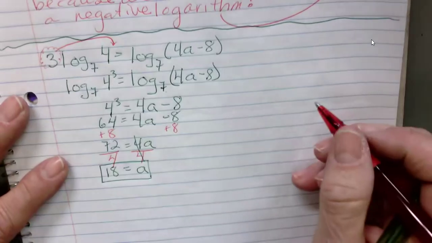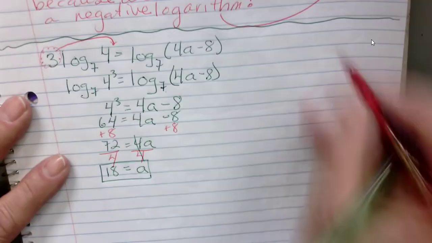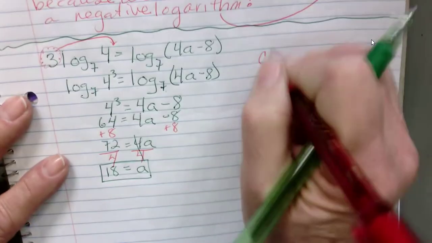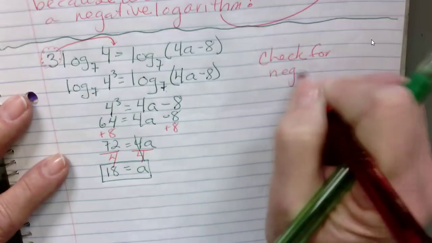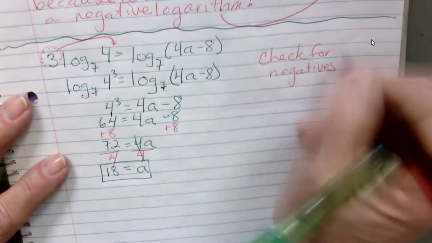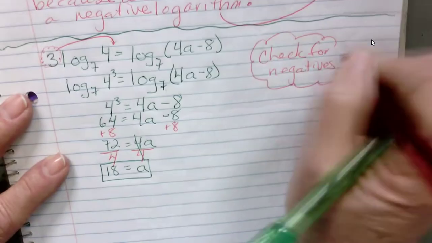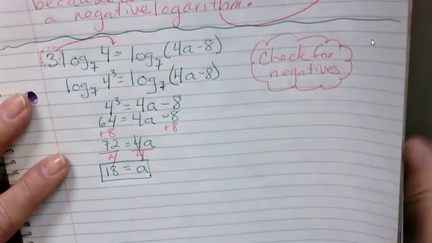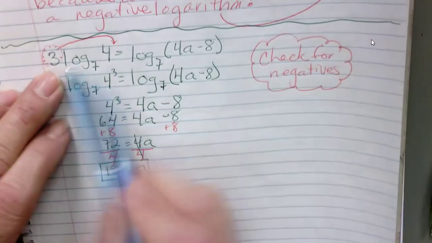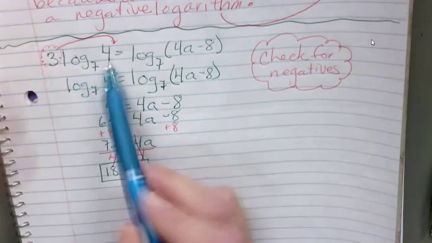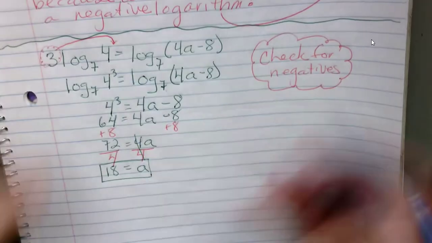What is step 4? That's right, we're going to check for negatives, for negative logarithms. So I've got to go back to the beginning. But there isn't even a variable on this side. There are no a's, so nothing's going to mess that up. It's fine. But I do need to check the other side.